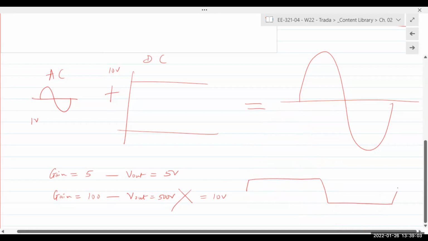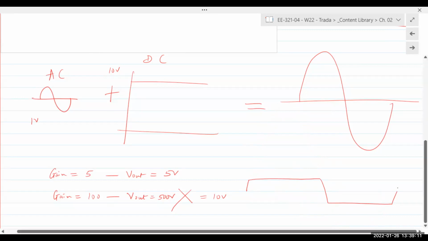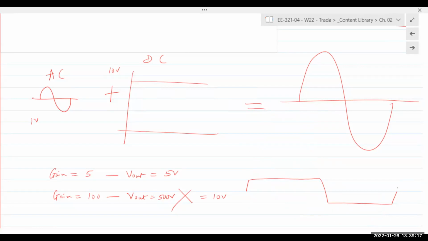All of the other information is lost. Okay. And when we look at amplifiers, common emitter amplifier circuits and so on, we'll talk about distortion a bit more. But essentially, that's what happens.